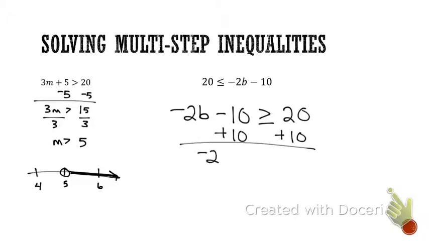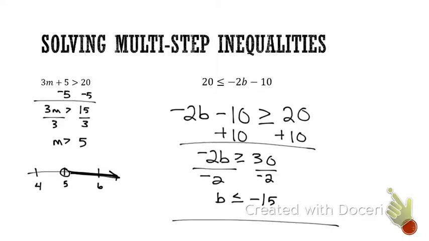Oh, this one gets a little tricky, because now I divide by negative 2. What happens when you divide by a negative? You have to reverse your inequality. And that completely changes the direction of your graph. So now when you graph your solution, it's a closed dot, but now your arrow goes left.